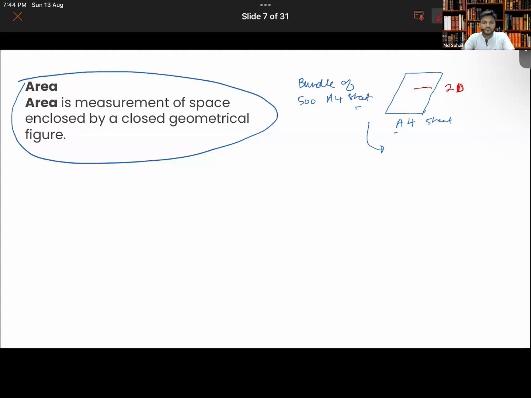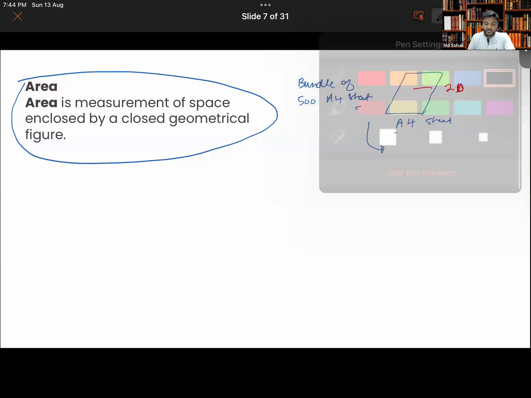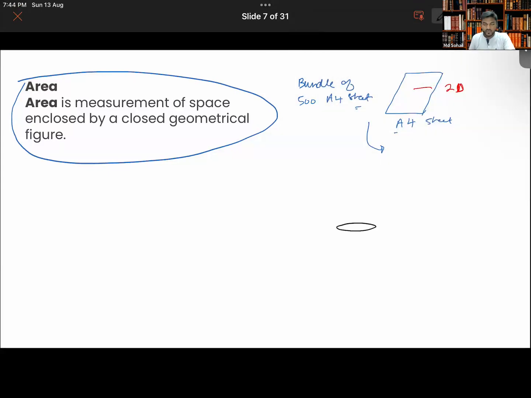Or let's say if I were to provide you with just circular plates, and I ask you to convert this circular plate into a 3D figure, how do you do that?